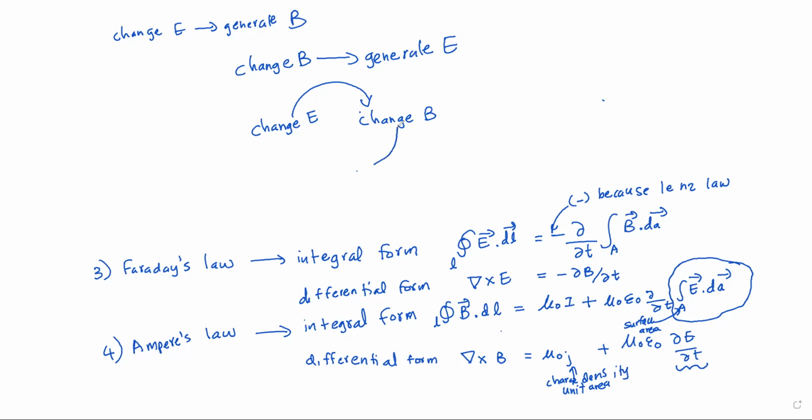Because of the change in magnetic field, a varying electric field is also generated. So I will write varying, without writing change. A varying electric field generates a magnetic field, and it can also generate a varying magnetic field. If there is a varying magnetic field, it will create a varying electric field.